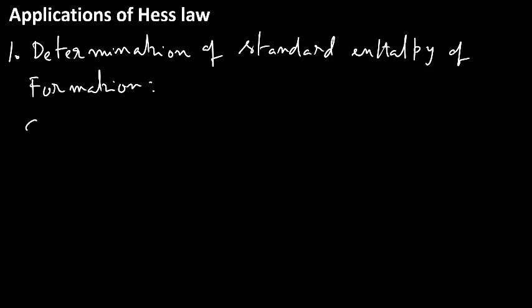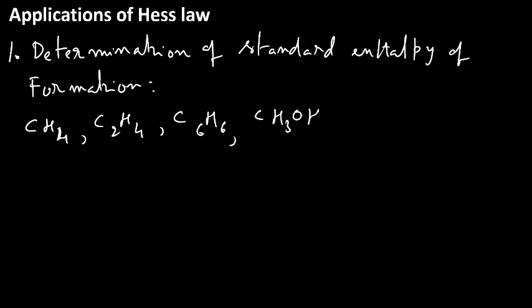Many substances like methane, ethane, benzene, C6H6, methanol, CH3OH, etc. cannot be synthesized directly from elements. Therefore, enthalpy of formation is not possible to determine directly. In such cases, the enthalpy of formation can be found indirectly by using the Hess law.